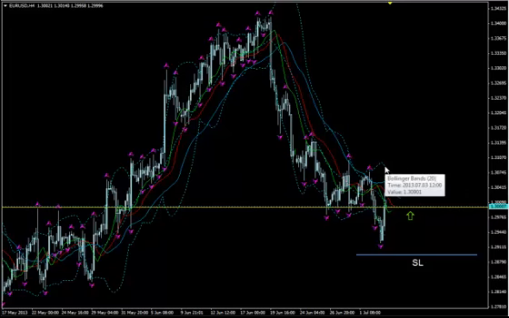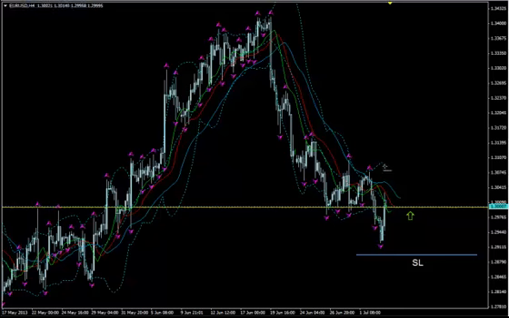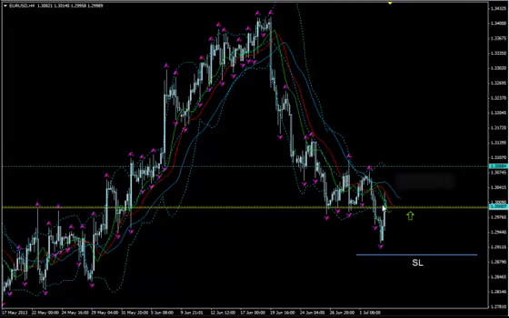The Bollinger Band for now is turned inwards, so if we insert a horizontal line here, it will show a price level of 1.3088. So we expect a minimum of 85 pips, okay?